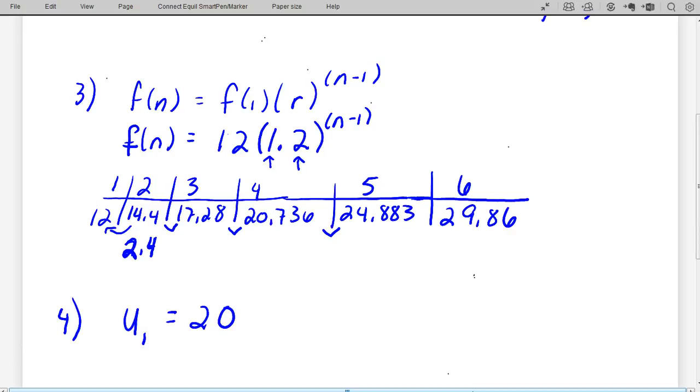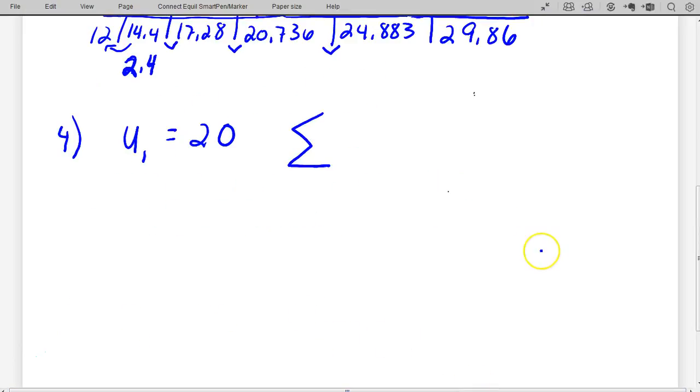In this case, since we're going to have to find a sum or do the sigma, where I think there's 30 rows, our index value is going to be the first row, and our upper value is going to be the 30th row. We're going to need an explicit formula right here to make the series work.